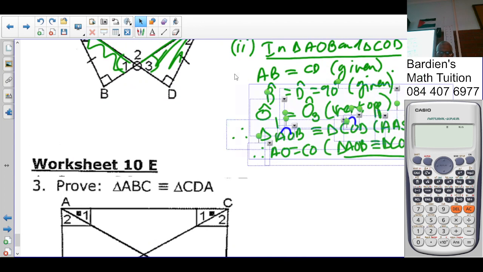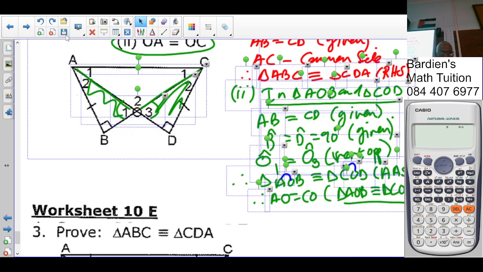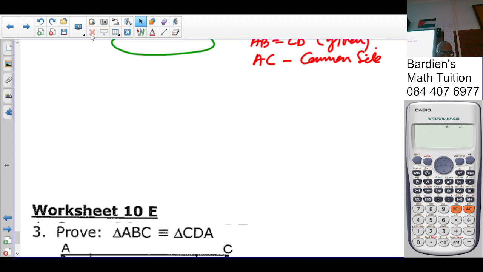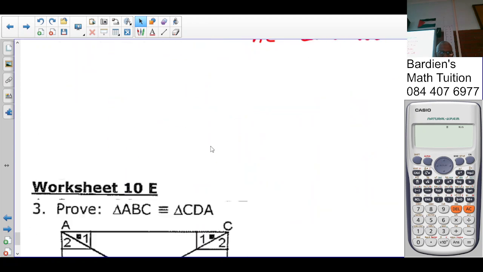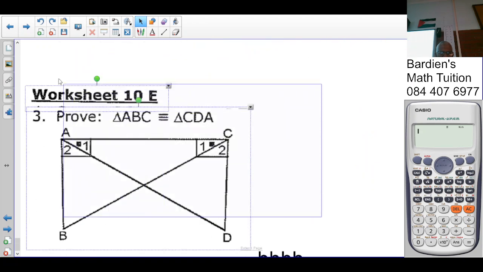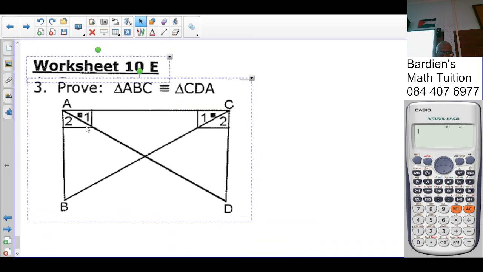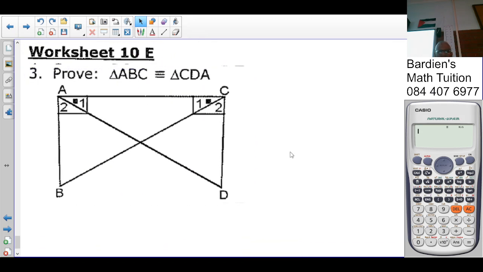What I'm going to do is take this off here. So the question says prove that triangle ABC is congruent to triangle CDA.